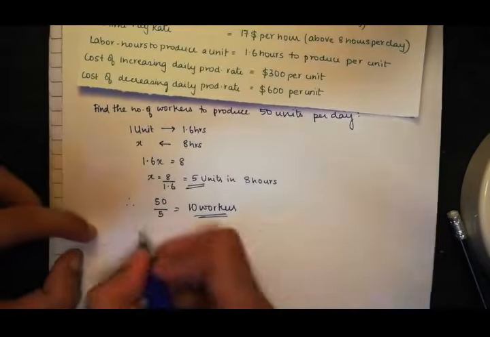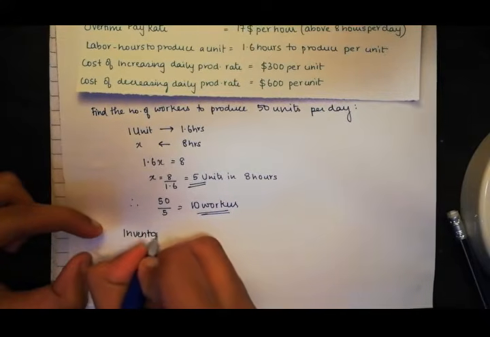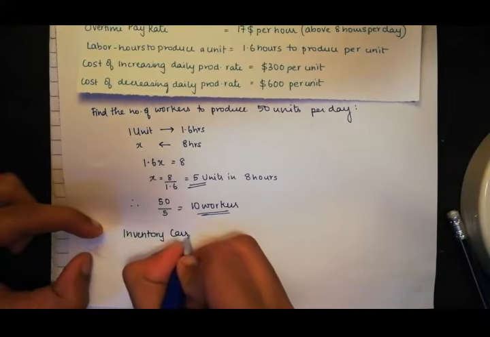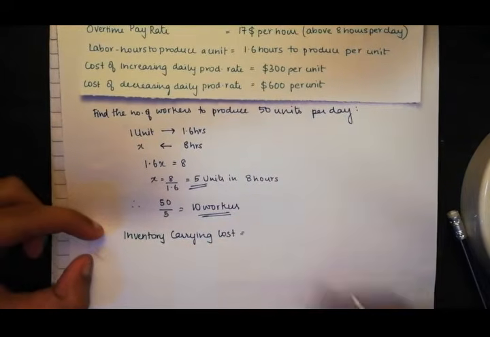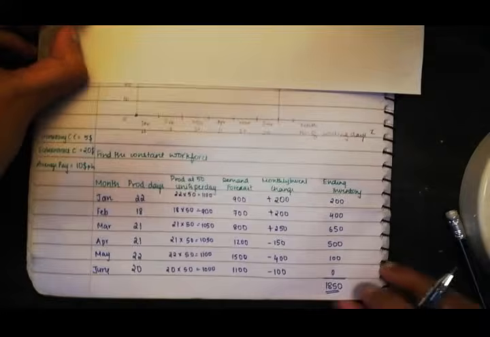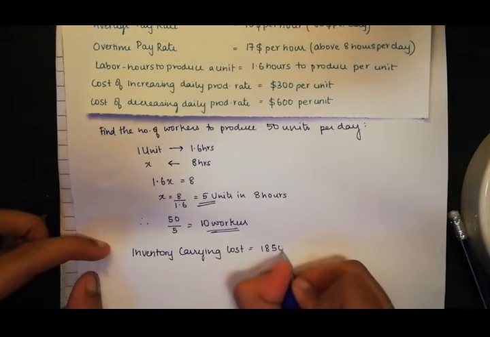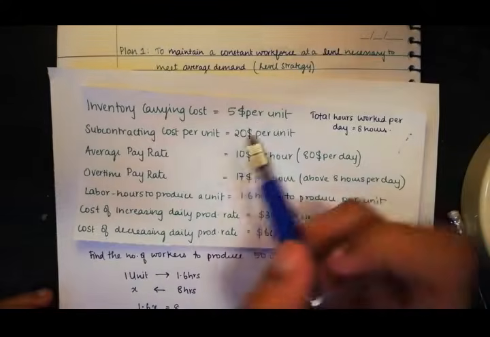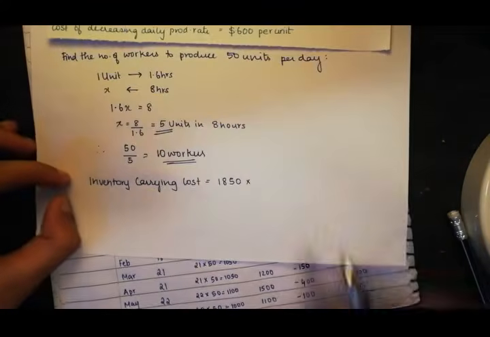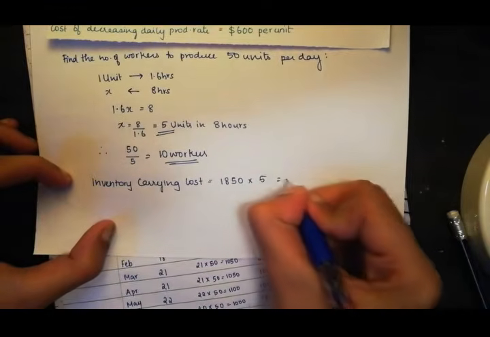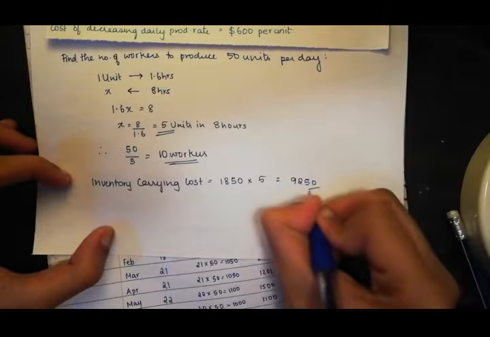The inventory carrying cost is going to be this 1850 times the inventory carrying cost of $5 per unit. So 1850 times 5 is going to be 9,250.